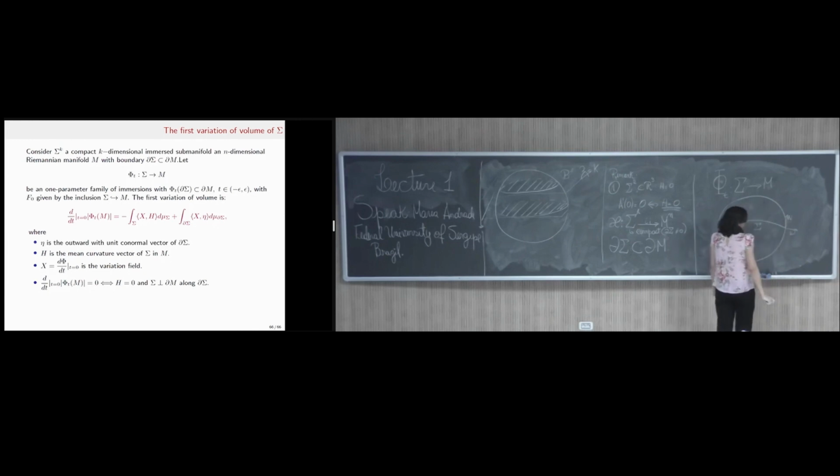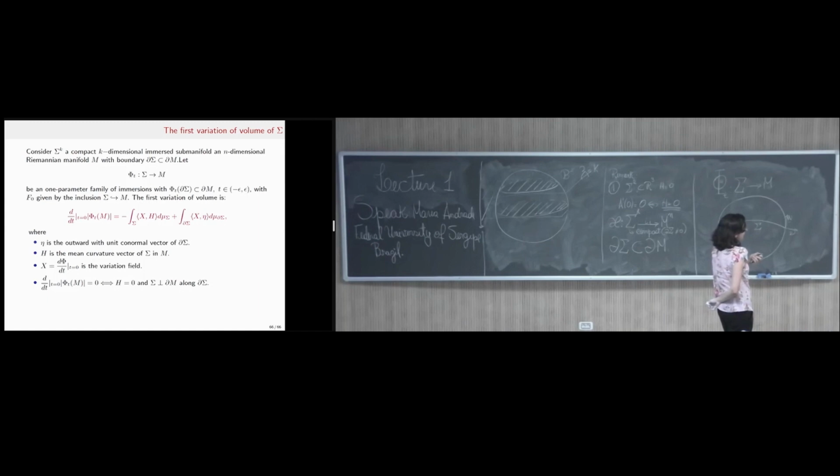Okay, what does it mean? Let me explain better about this calculation here. When you calculate the first variation formula in the case of the classical result that I showed for you today, you don't have this expression here in the boundary, because you don't have boundary in the first moment, but now you have it.